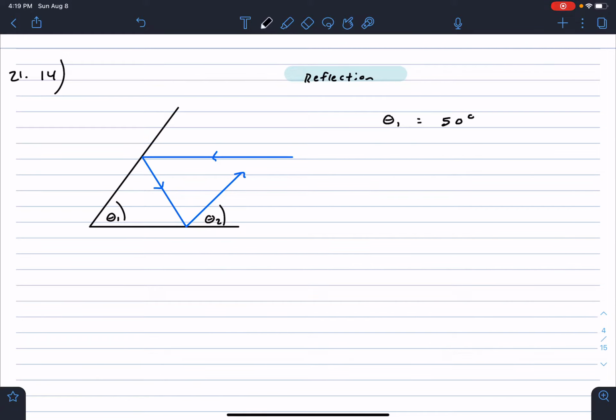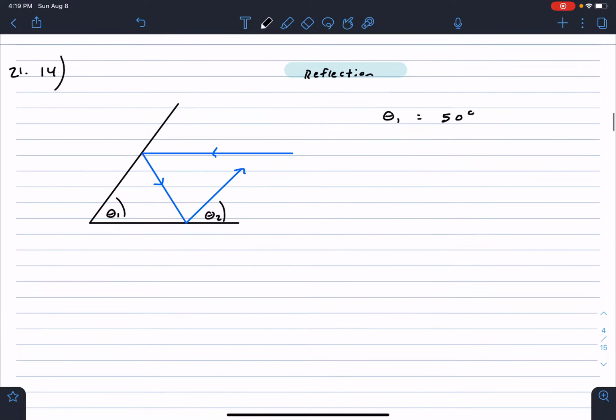So, we have a thing called the law of reflection. That states that if you have a smooth surface and a light hits it, it's going to bounce off at exactly the same angle that it hit it, right? Essentially, there might be some formalism that I'm missing here, but these are going to be the same angle.